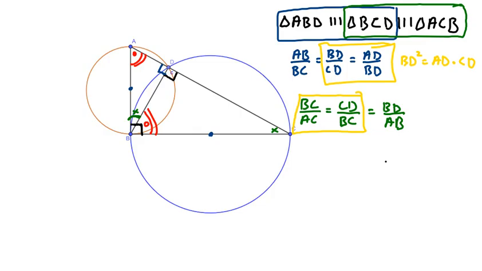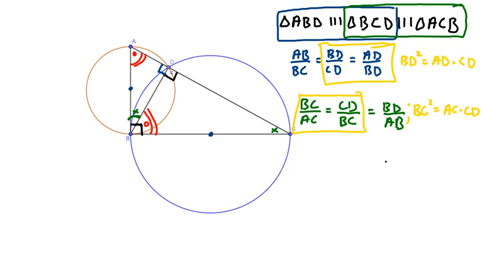Of course, there are others that you could have looked at. But if I focus on these two, from here it turns out that BC squared is equal to, watch this now, AC times CD, or CD times AC, really up to you. But that's what BC squared is.